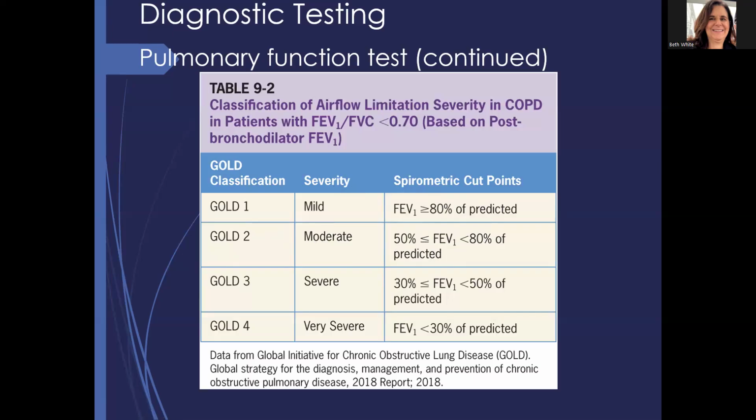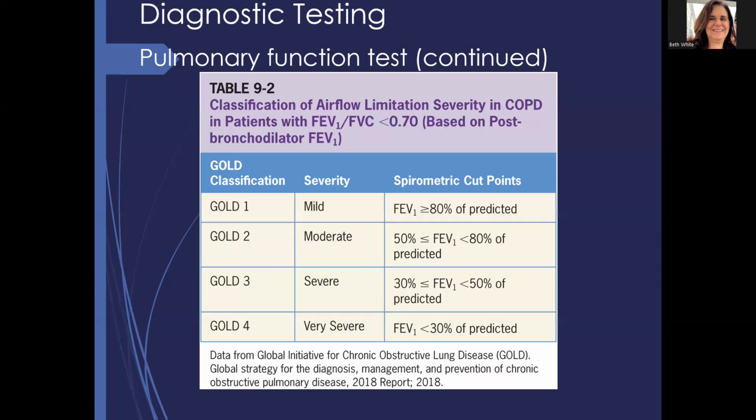So let me take a step back. GOLD classification number 2, or moderate severity, is an FEV1 of 50 to 80%. GOLD number 3, or severe COPD, is 30 to 50% of predicted, and GOLD 4 classification is very severe, or less than 30% of predicted FEV1.